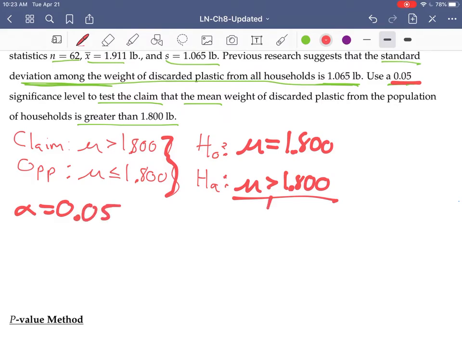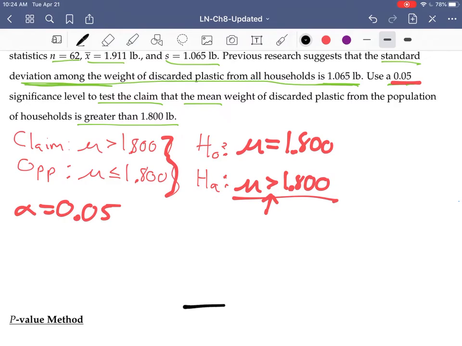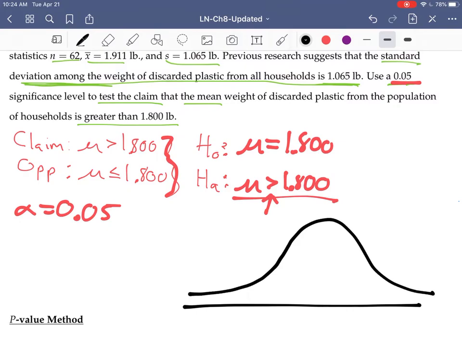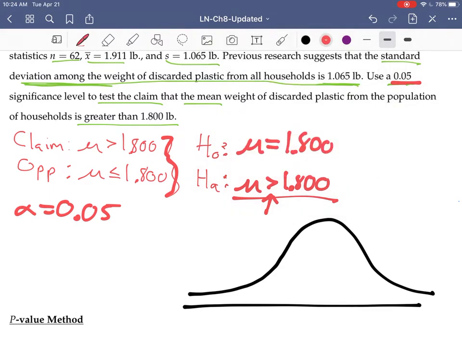Because our alternative hypothesis has a greater than sign, if we were to look at what our graph is going to look like, it is a one-tailed test. Because of the greater than sign, that one-tailed test should be on the right. And so this one-tailed test on the right, the area here is that significance level, 0.05.